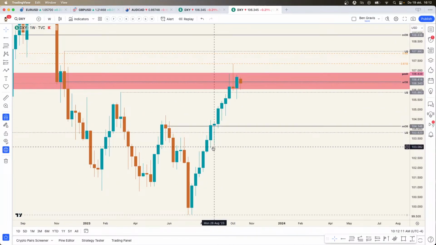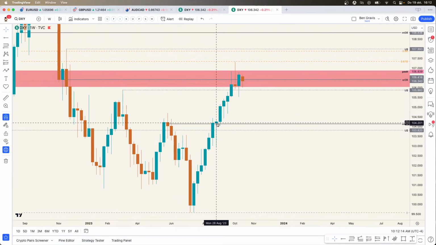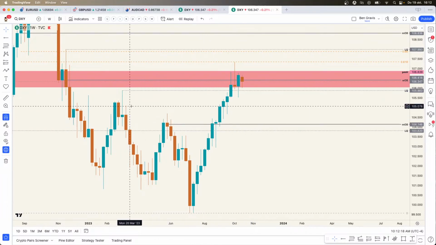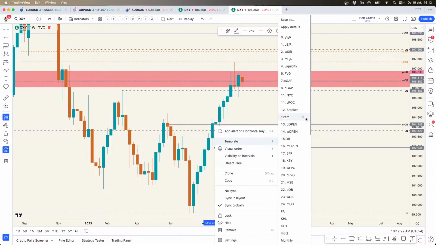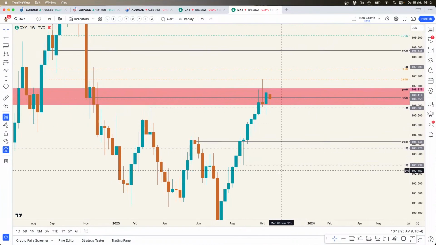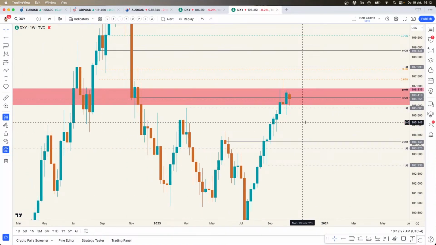Let's see where the liquidity is at. Yeah, you can see the pause here. And then eventually maybe below this zone, but let's just see if it can reverse.